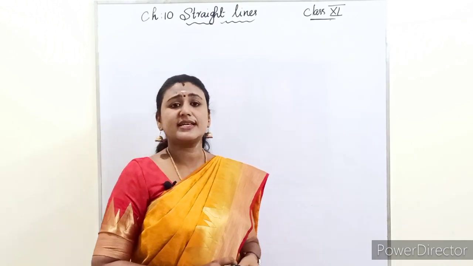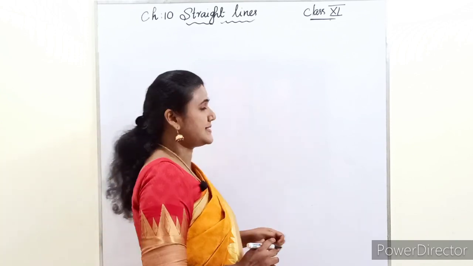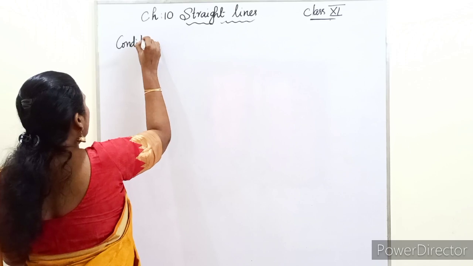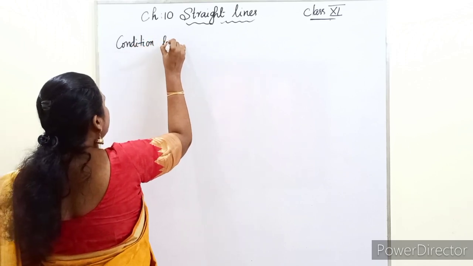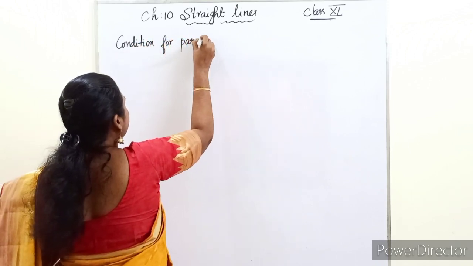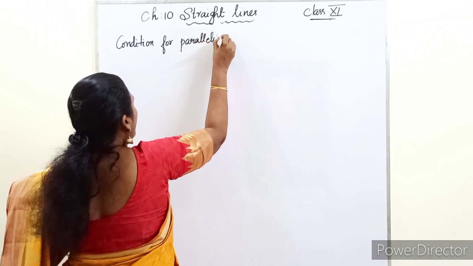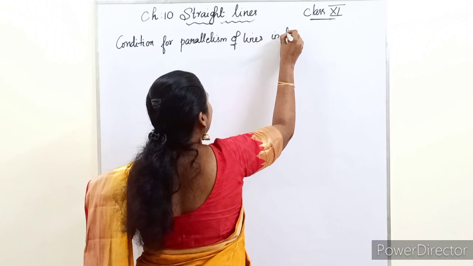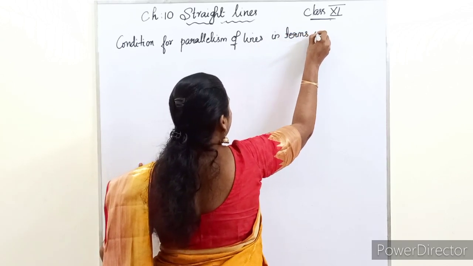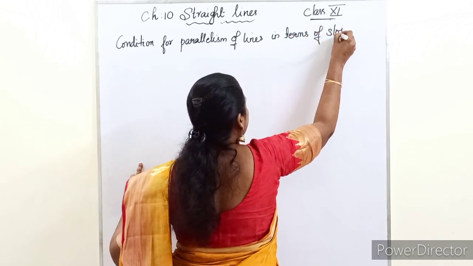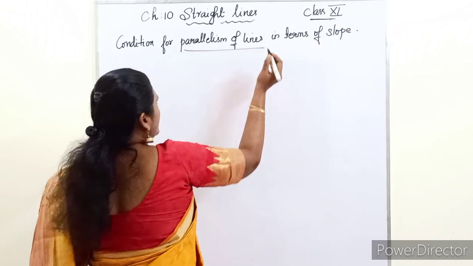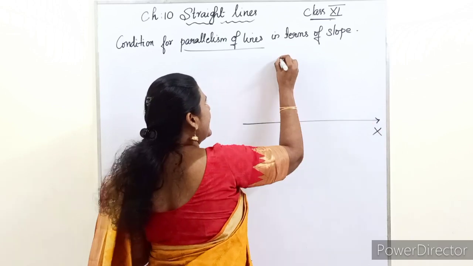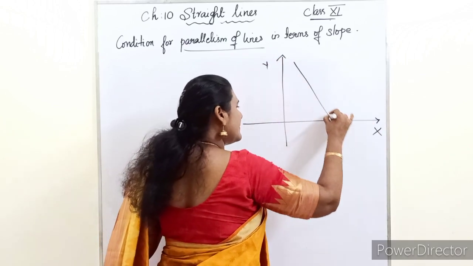We are going to learn the condition for parallelism of lines in terms of slope. So let us consider two lines, L1 and L2.